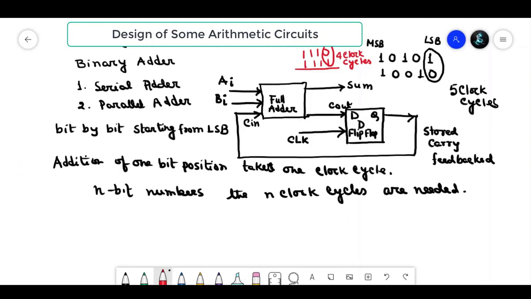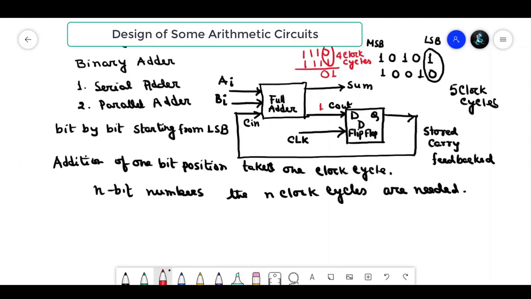So then Cout will be 1, and after the next clock cycle, that will be the input of the full adder. That means after the second clock cycle, it will come to the input Cin. So 1 1 0 1, that means initially sum will be 1, carry is 0. Similarly 1 1, that means sum will be 0, carry will be 1.